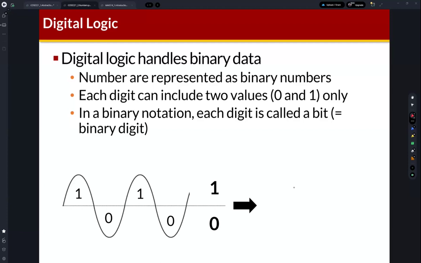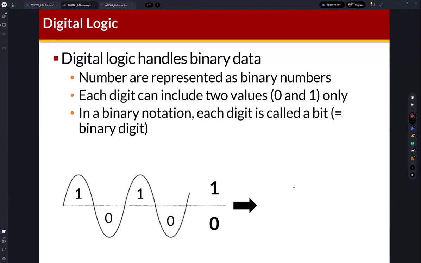Actually, a computer system is made of electric devices, right? Which means that we manage electric signals. Inside a processor, we handle voltage signals, right?